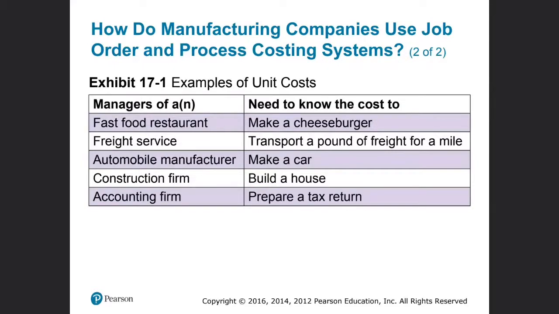And then an automobile manufacturer needs to know, what does it cost to make this car? Construction, how much does it cost to build a house? An accounting firm, how much does it cost to prepare a tax return?